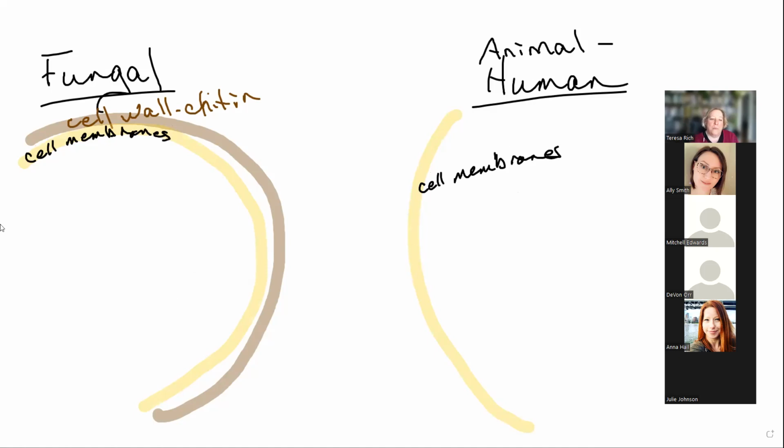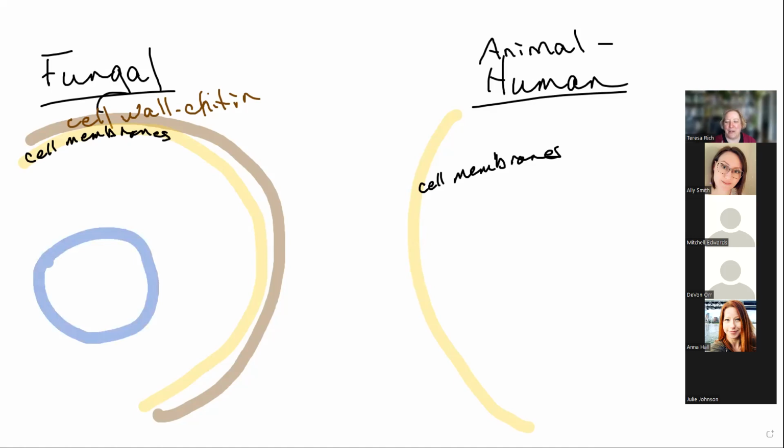Okay, so what's a structure in here that if I were looking under a light microscope, I'm going to look in there and I'm going to go, oh, yep, that's a eukaryotic cell. What's the karyote in eukaryote? Nucleus. Do both fungal cells and human cells have a nucleus? They sure do.